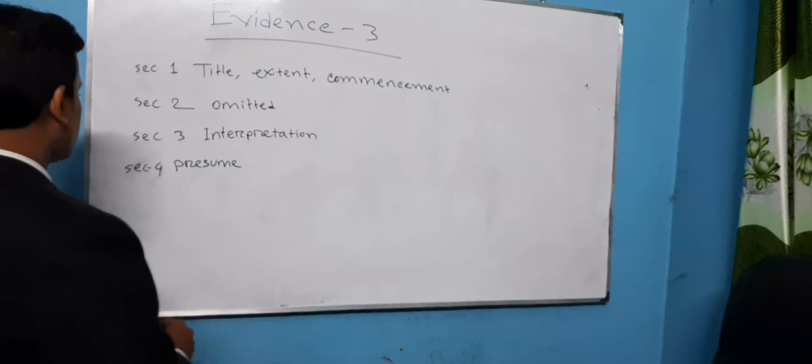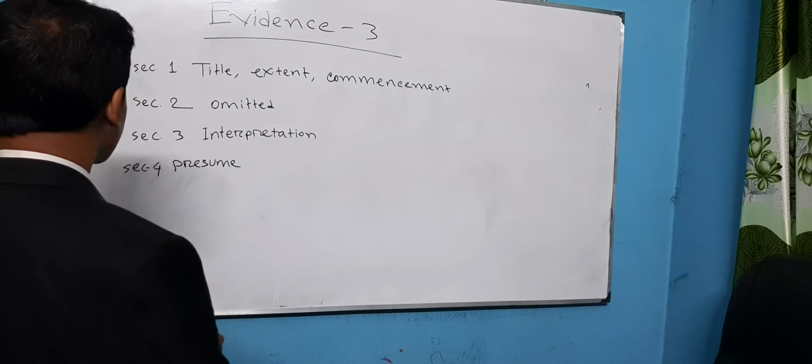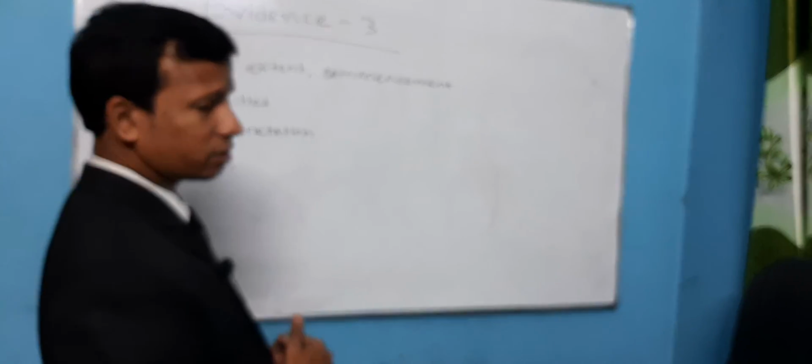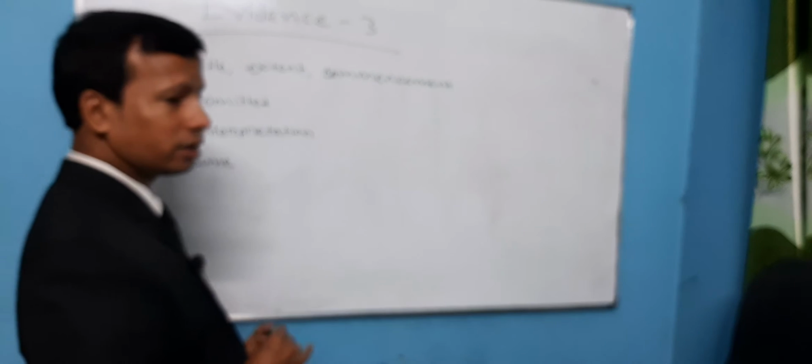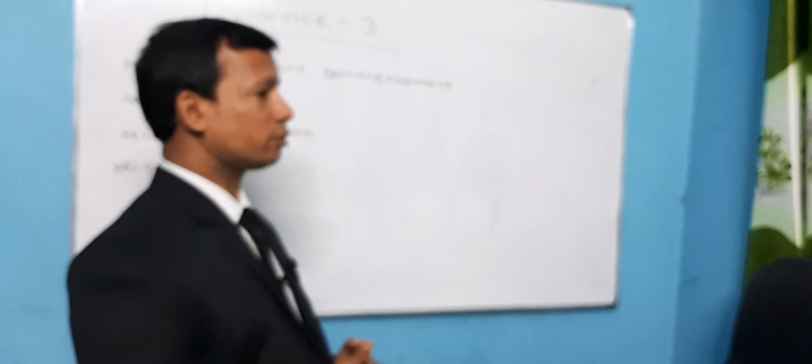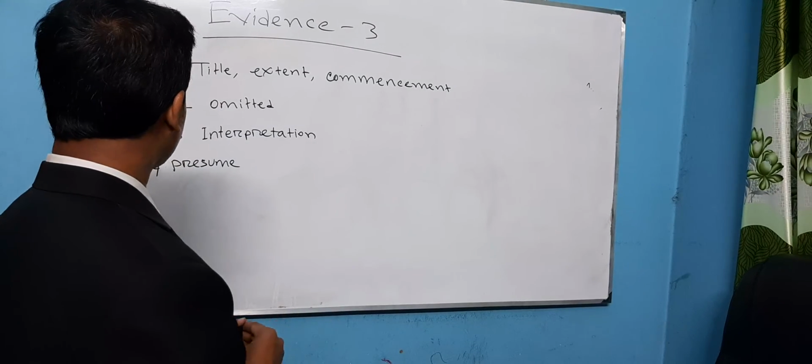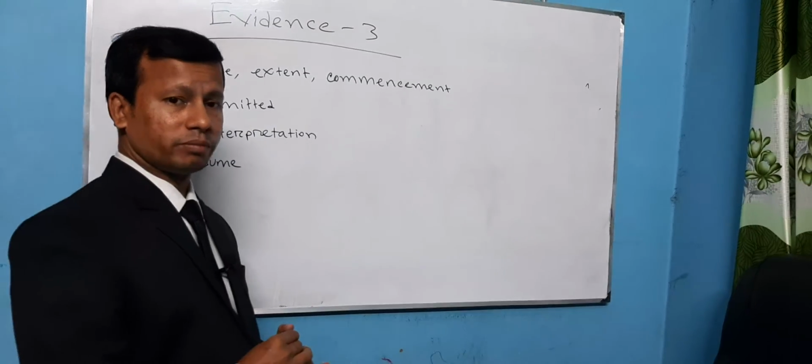Okay, so conclusive proof. Conclusive proof means the court will think the document submitted is 100% proof, and the court will not allow anything for disproving this. If any party tries to disprove the matter, the court will not allow this.